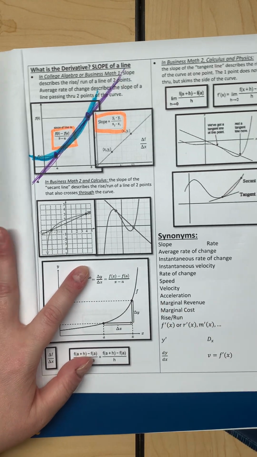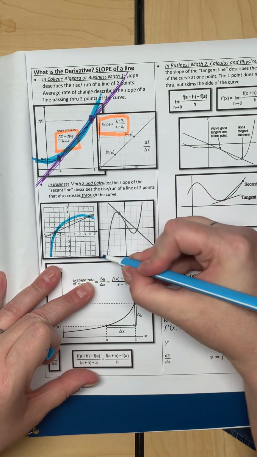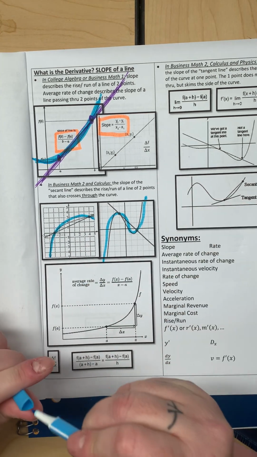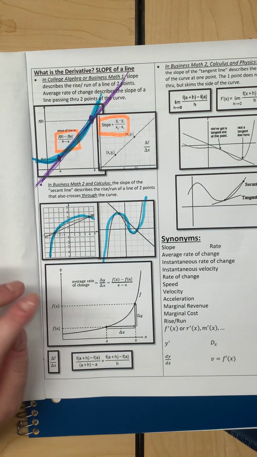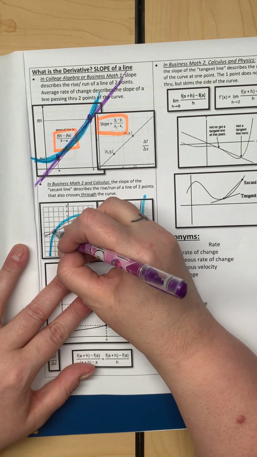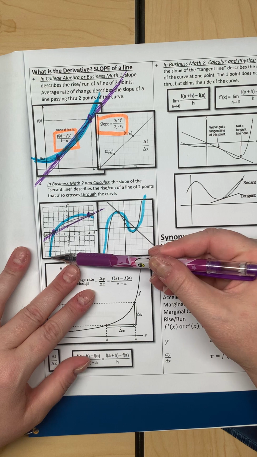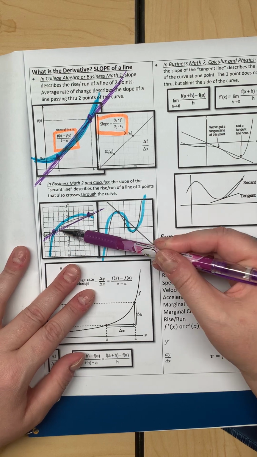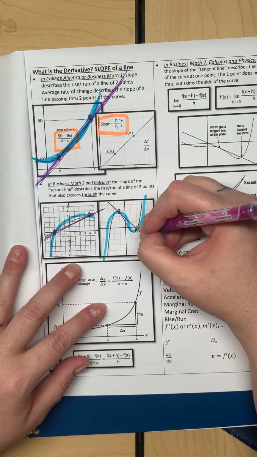So we still have a curve, but a secant line is one that passes through 2 points on your curve. And it can be any 2 points of your curve.